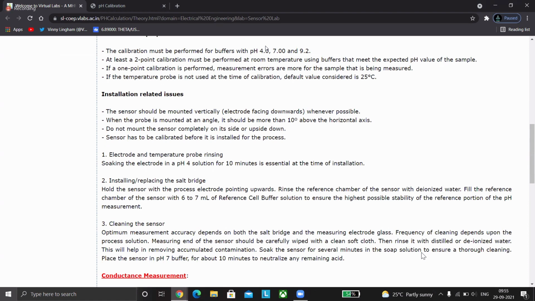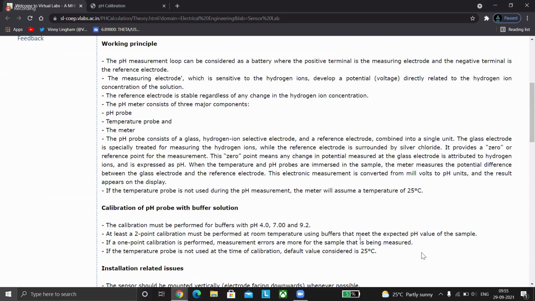What is the calibration of pH probe? Calibration of pH probe. The calibration must be performed for buffers with pH 4.0, 7 and 9.2. At least a 2-point calibration must be performed at room temperature using buffers that match the expected pH value of the sample.